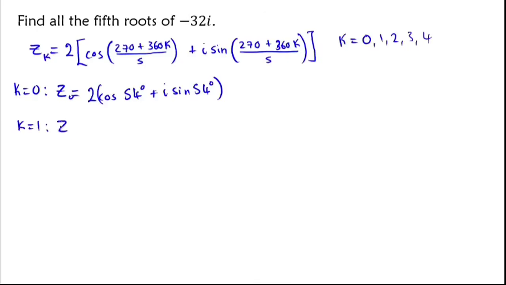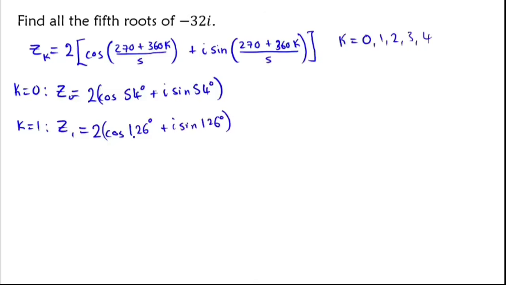What do we get? So z1 will be equal to 2 cos. If k is 1, then we're saying 360 plus 270, which is 630, and we divide that by 5, giving us 126. So the angle there is 126 degrees plus I sine 126 degrees.